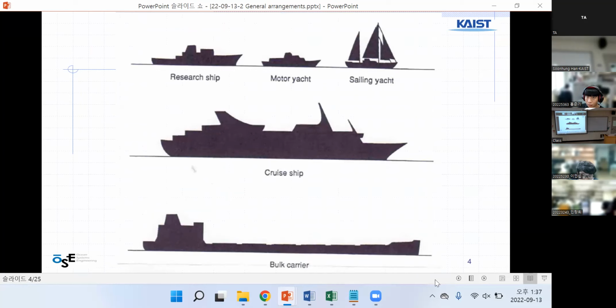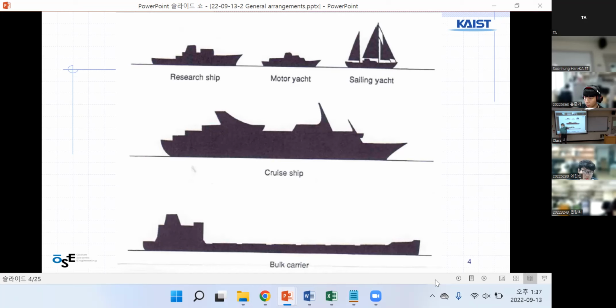They are sampling the ocean water, and also they catch small animals inside the ocean, and also they observe the weather in the Arctic area. So that kind of thing is a research ship.